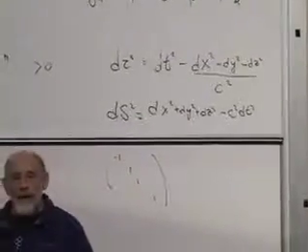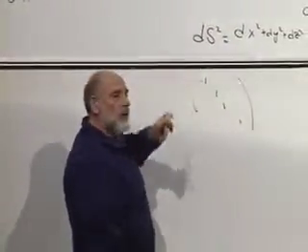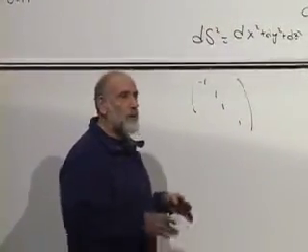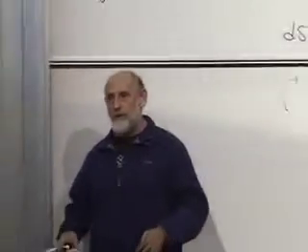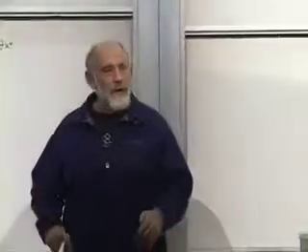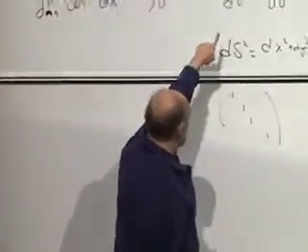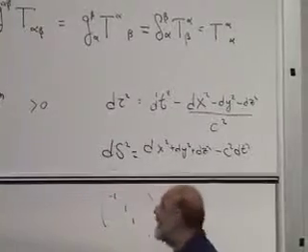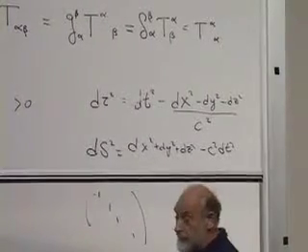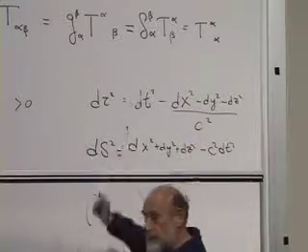The language that mathematicians use is they would say the signature of the space would be plus, plus, plus. Plus, plus, plus is the signature of the space, and it's simply telling you how many positive and negative eigenvalues. If I use this notation here, where I study the proper time, I would say that the signature of the metric was minus, plus, plus, plus. 1 minus and 3 pluses.